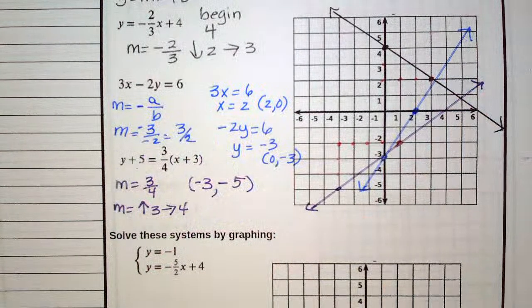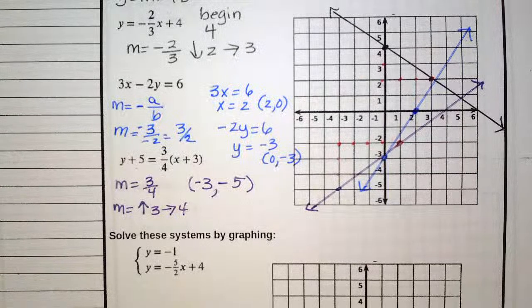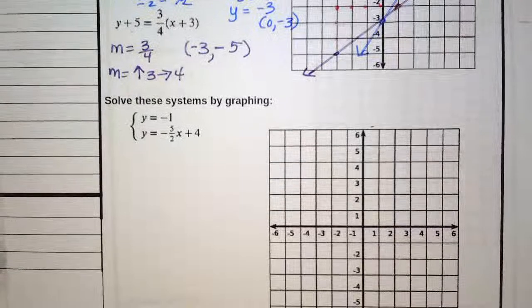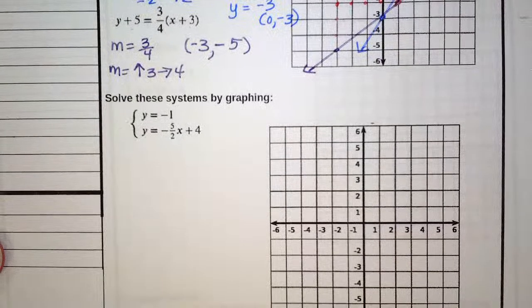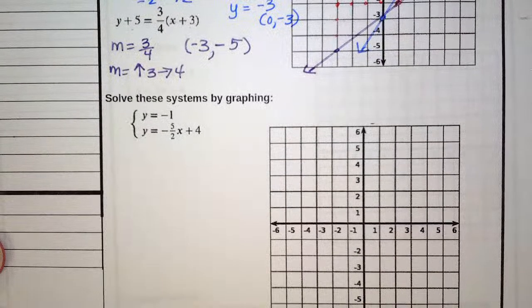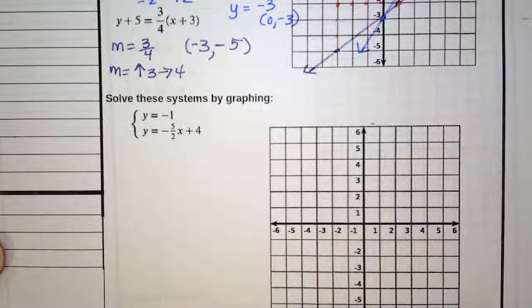So to be able to solve systems by graphing, you've got to be able to graph. So practice, practice, practice. You also have to know what things look like. If I'm looking at y equals negative 1, we know that that is what kind of line?